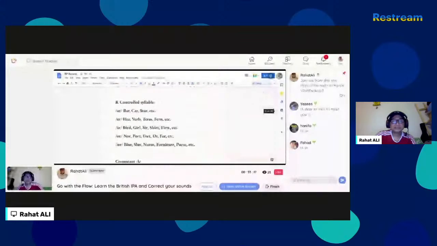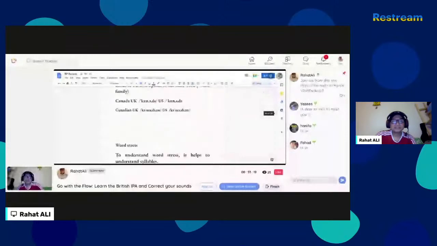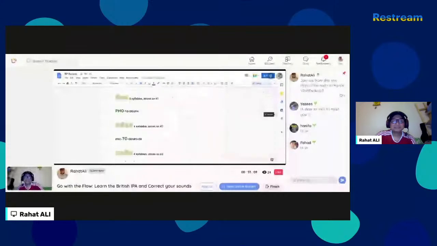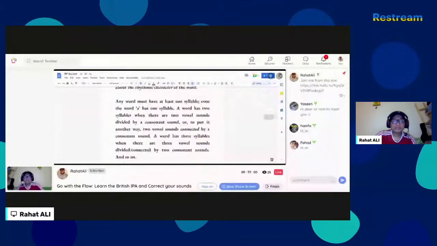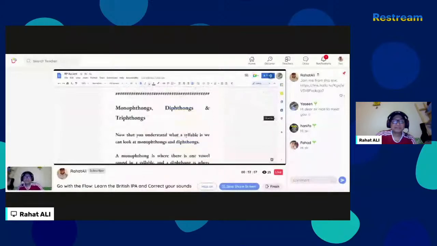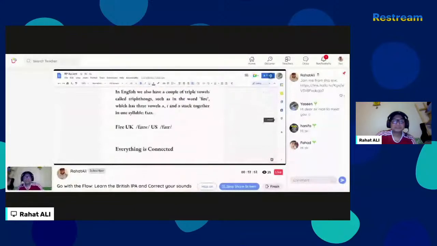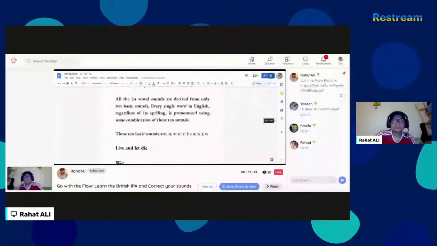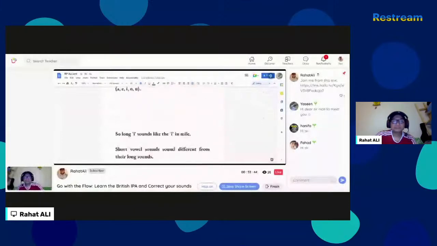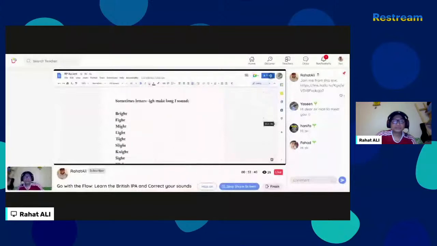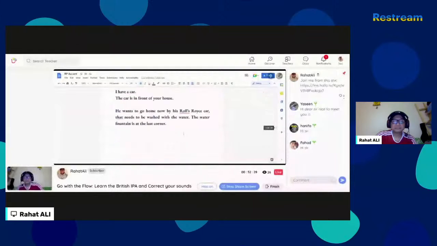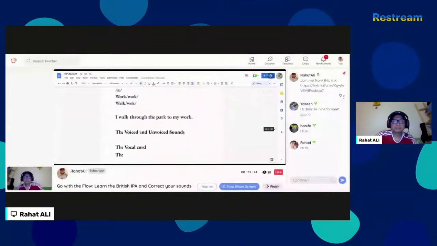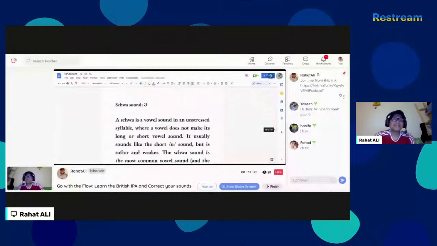We discussed syllables, word stress, monophthongs, diphthongs, longer sound, shorter sound, voiced, unvoiced sound, Schwa sound. Yes, we got it.